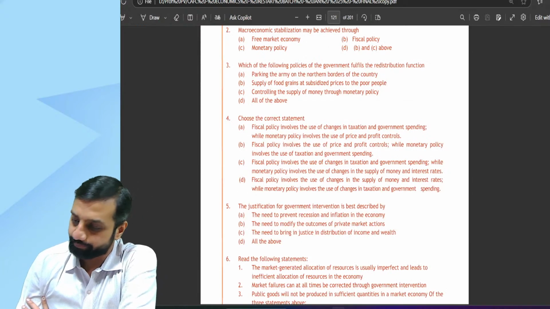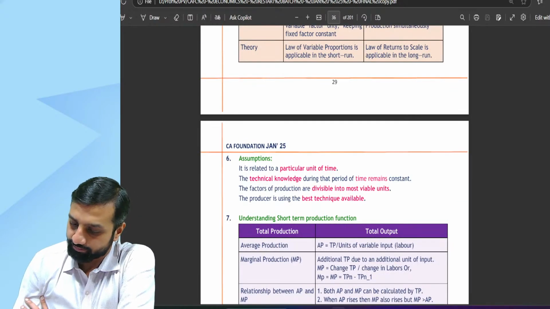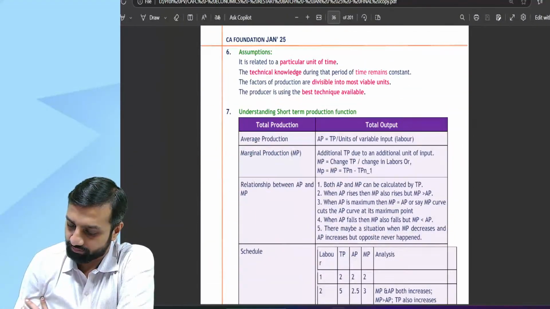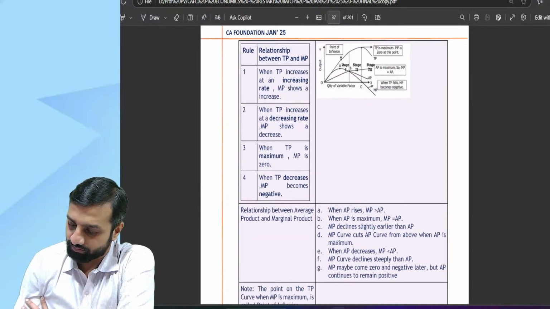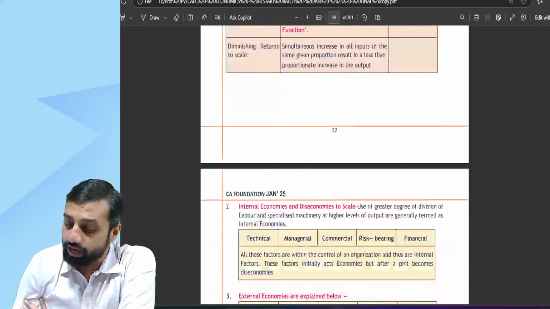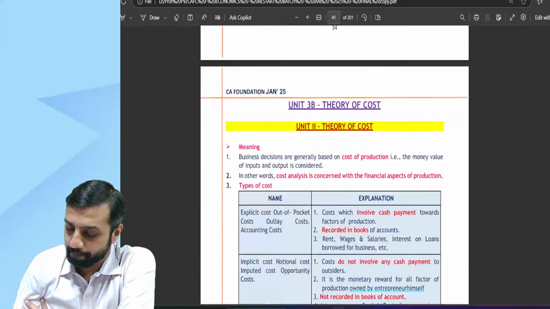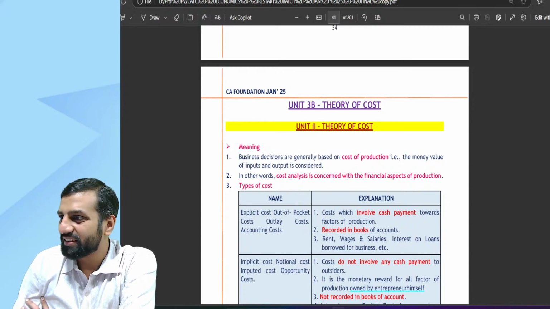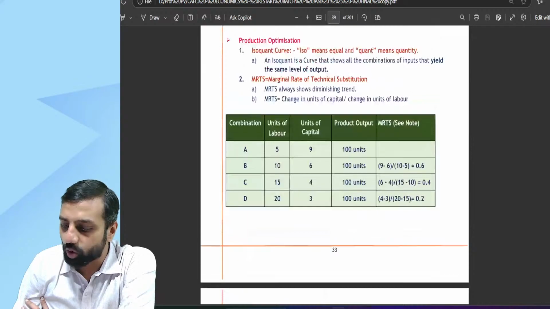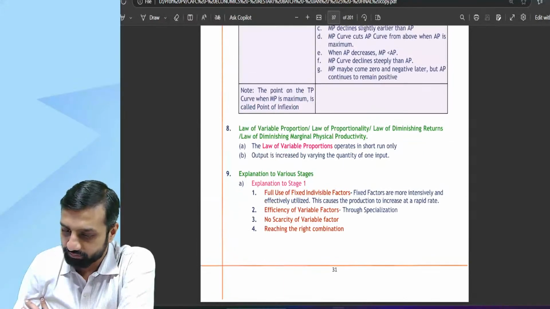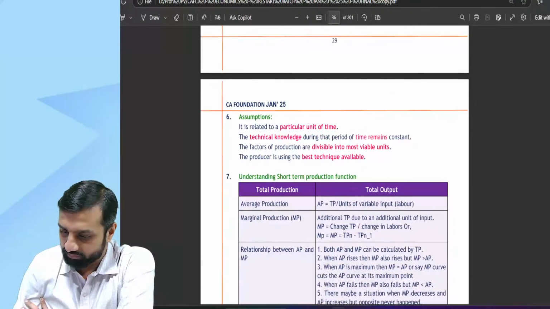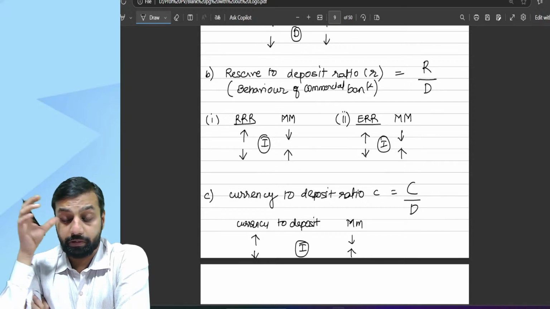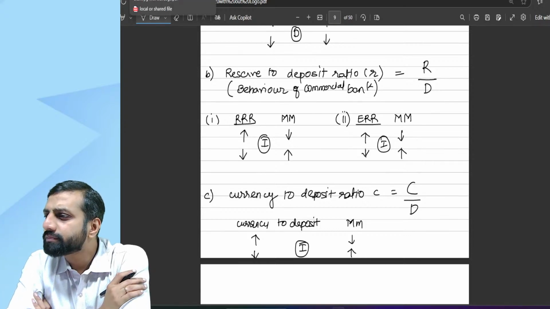Okay, that's wonderful. Shall we go to chapter number 3? Anything else, Surya, that you want me to explain? Next chapter. Okay.